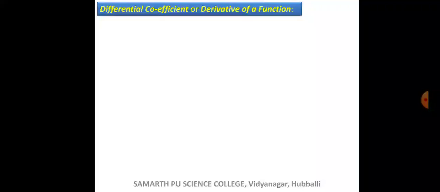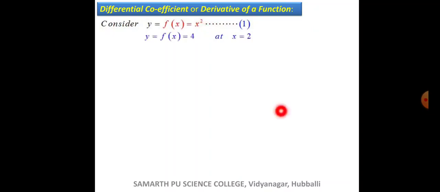So consider the differential coefficient or derivative of a function. Consider one simple function, y equal to f of x. F of x is defined as x square. Here x square is a function. Put x equal to 2 in equation 1, we get f of x equal to 4. What about x equal to 2.1? If x equal to 2.1, at that time we get y equal to 4.41.